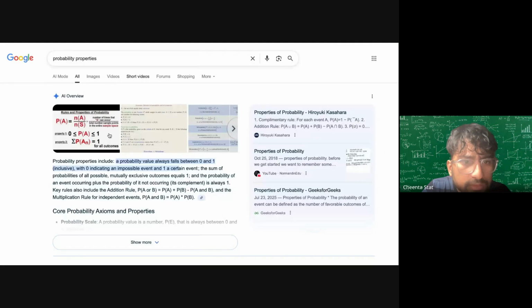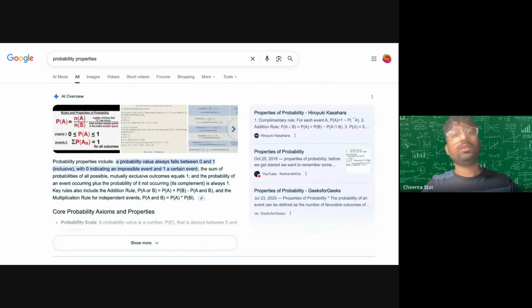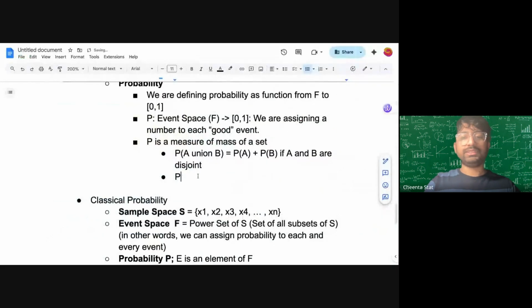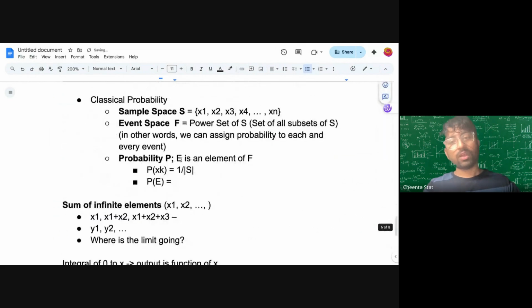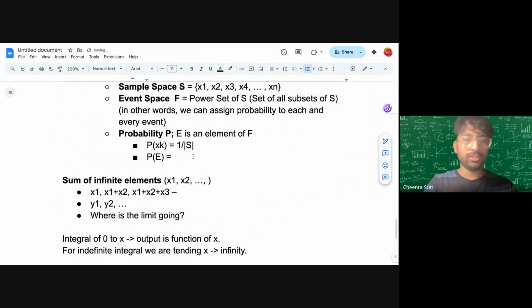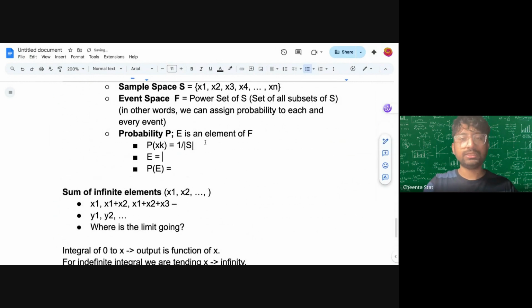Oh yeah, the probability of the entire sample space S is 1. Here, the probability of E, let's assume E is a specific subset y1, y2, dot, dot, dot, yk.